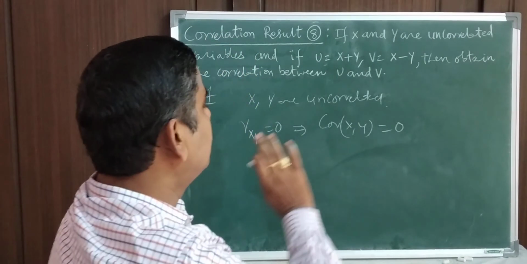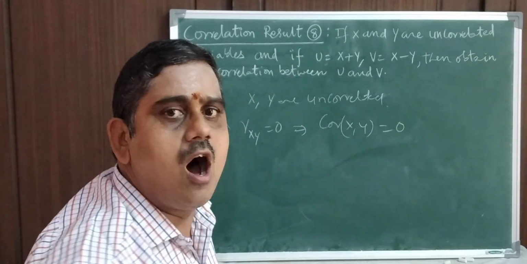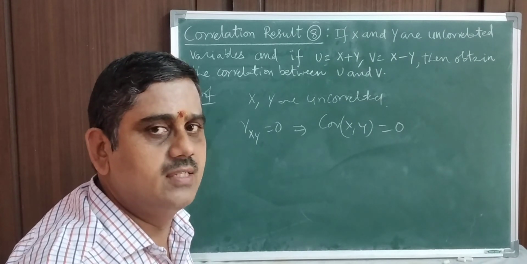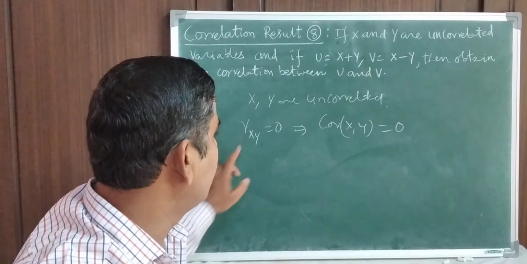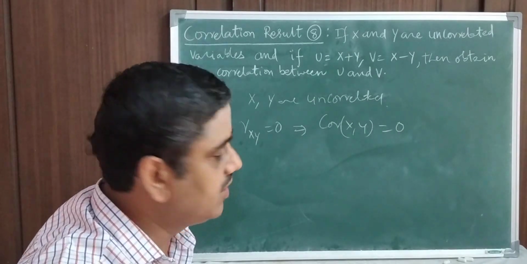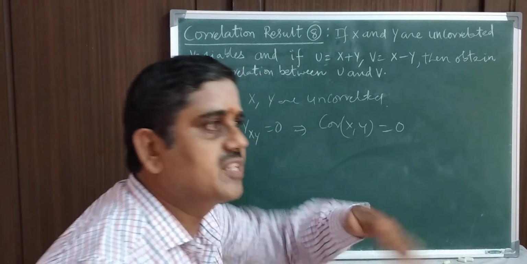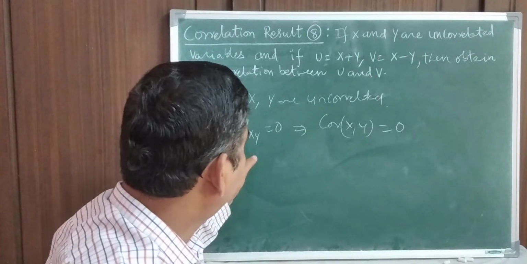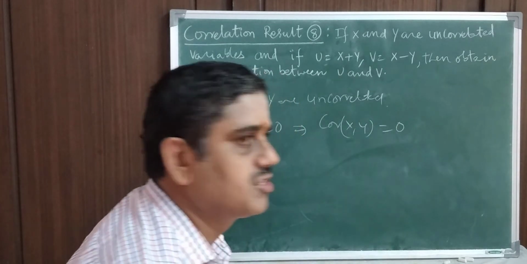Consider it in this fashion: Rxy is covariance of xy divided by sigma x sigma y. If covariance of xy is 0, then Rxy is 0. So Rxy is 0, therefore covariance of xy is 0.